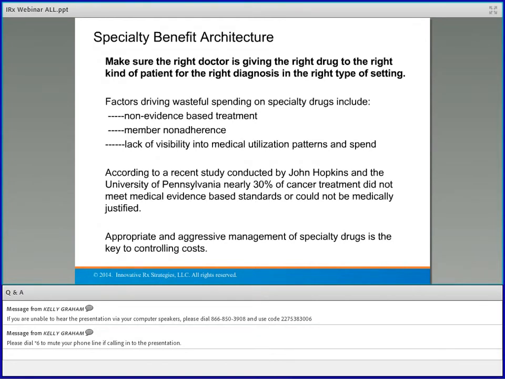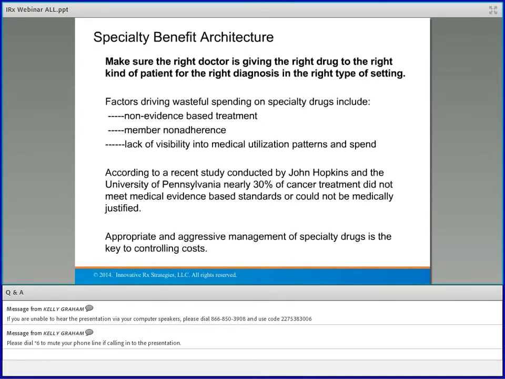There's a lot there to think about, but the issue really is, where do I cover this? We'll talk a little more about whether I cover this on the pharmacy benefit or on the medical benefit. Because at the end of the day, whether you're paying for a specialty drug through your pharmacy benefit or your medical benefit, what you really need to look at is, what is the best outcome?